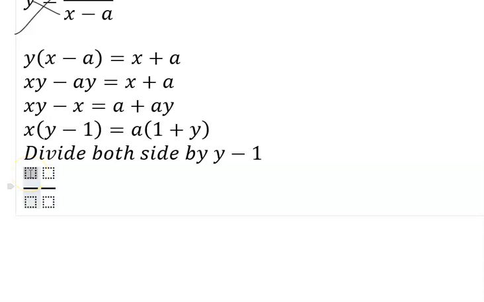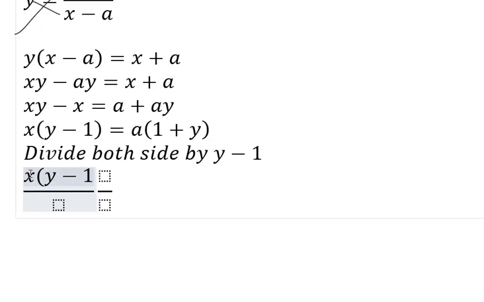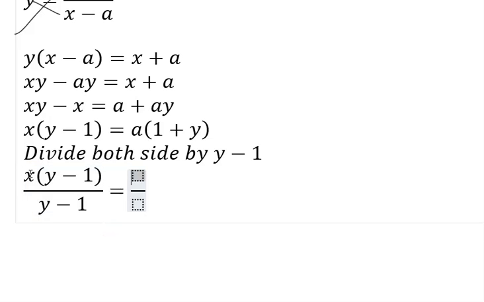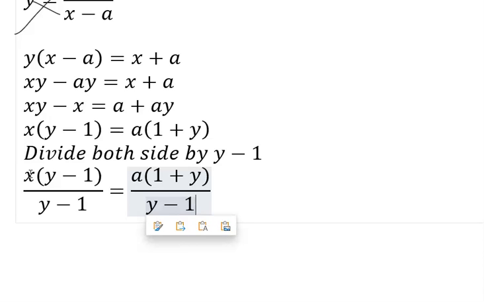So up here we have x, open bracket, y minus 1, and we're actually dividing both sides by y minus 1, and here we have a, open bracket, 1 plus y, awesome. We're actually dividing both sides by y minus 1.